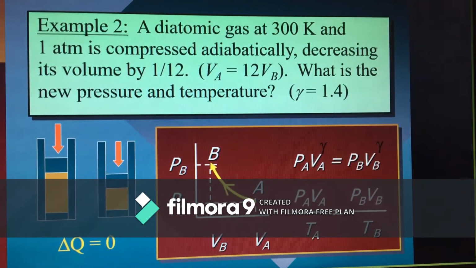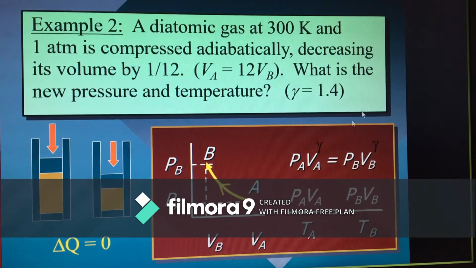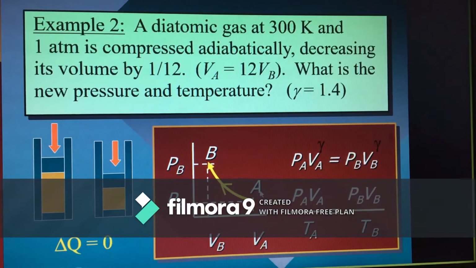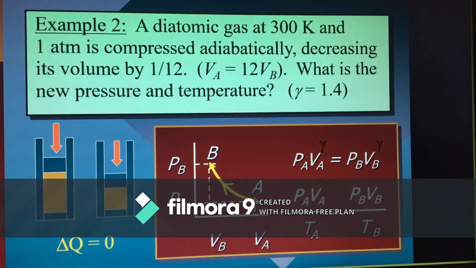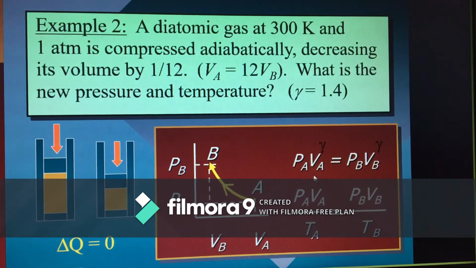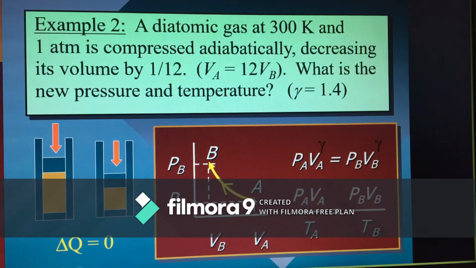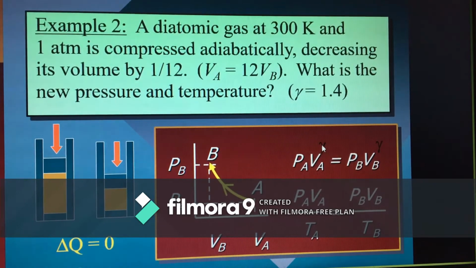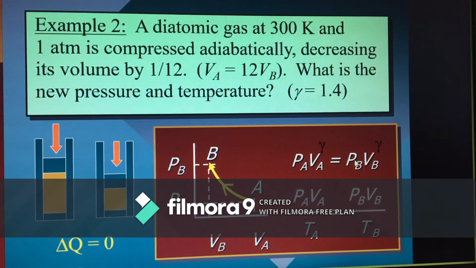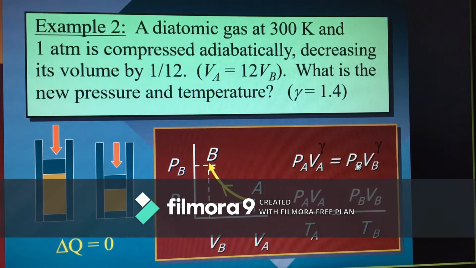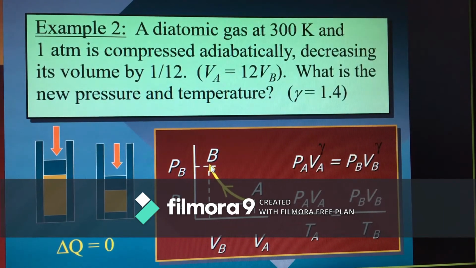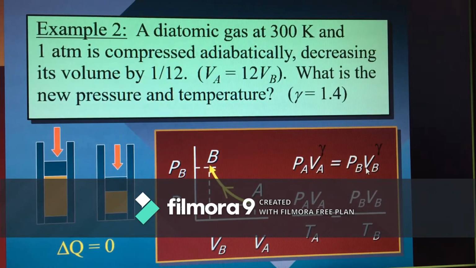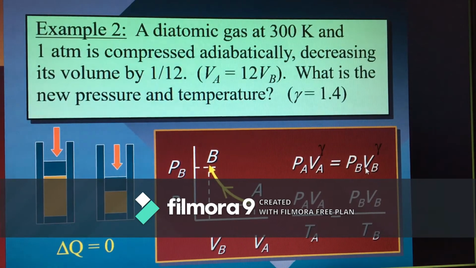So for adiabatic process, we have this formula. Remember this formula, class? We have the product of the pressure at point A. This is our point A. The pressure at this point multiplied by the volume at this point raised to a power gamma is equal to the pressure at point B multiplied by the volume raised to a power gamma at point B. Alright?